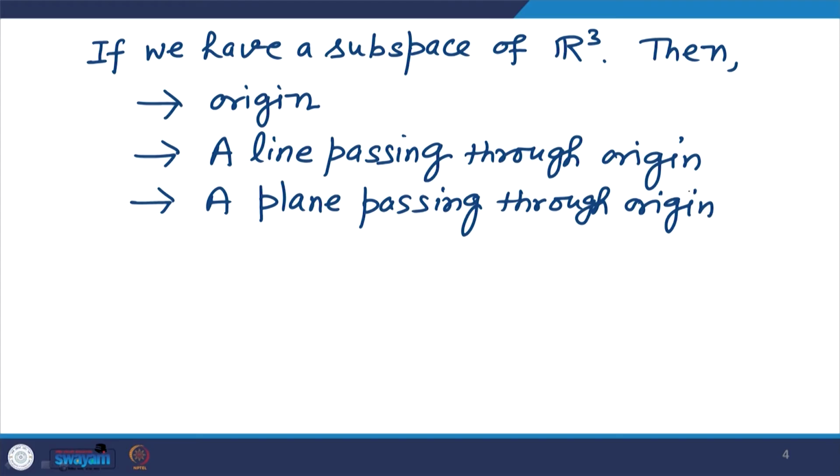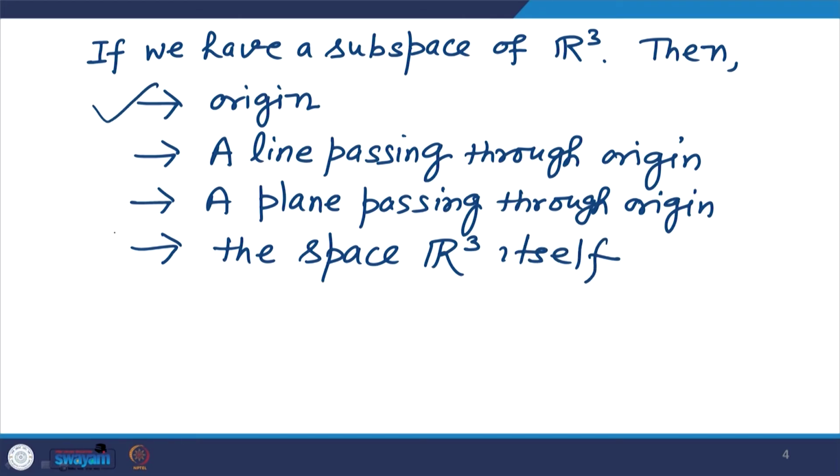So, here I am telling you the geometrical interpretation of a subspace of R3. If you have a subspace of R3, either it will be the origin, that is (0, 0, 0), because that will be a trivial subspace of R3, or a line passing through origin, or a plane passing through origin, or the space R3 itself.